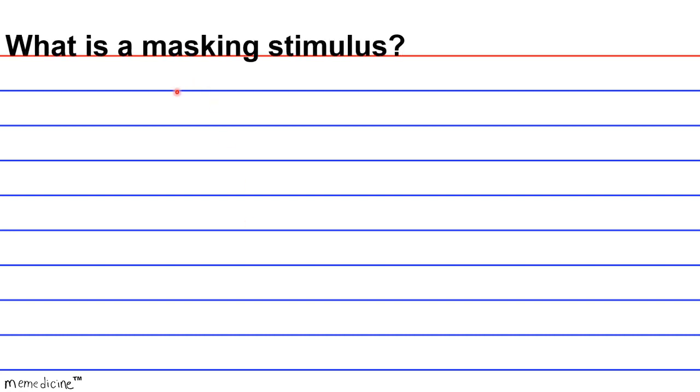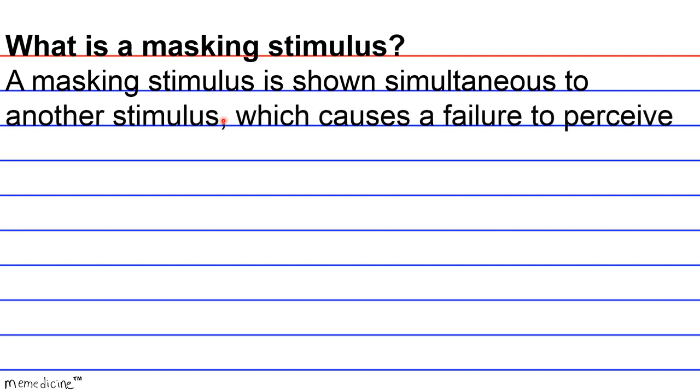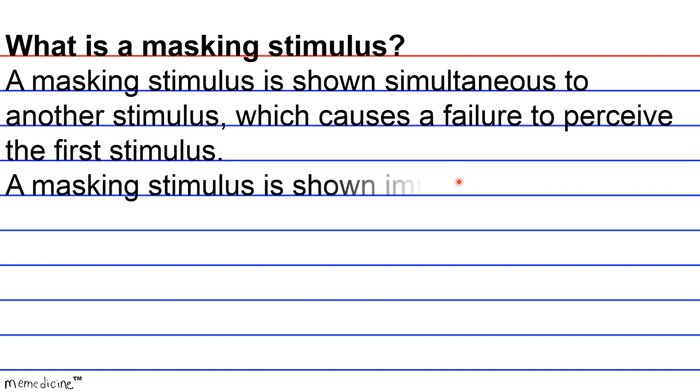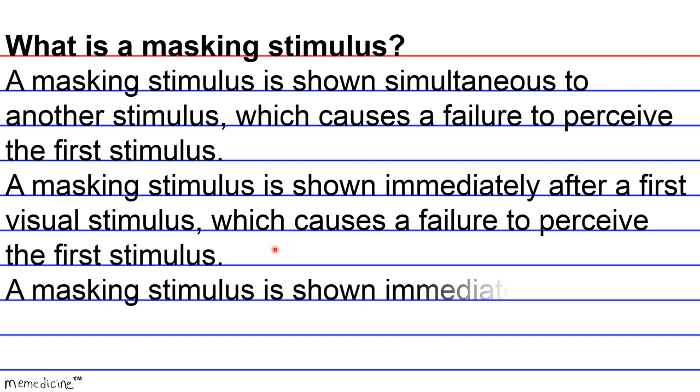All right, third question. What is a masking stimulus? Is it A, a masking stimulus is shown simultaneous to another stimulus which causes a failure to perceive the first stimulus? Is it B, a masking stimulus is shown immediately after a first visual stimulus, which causes a failure to perceive the first stimulus?